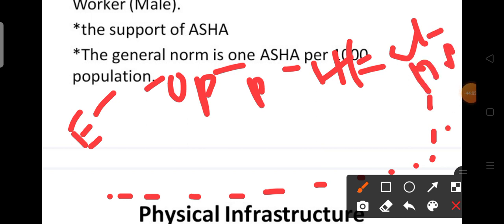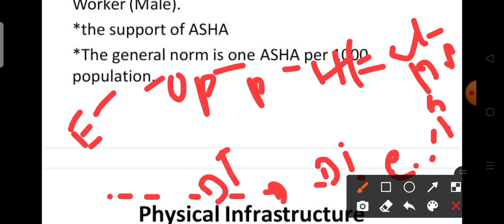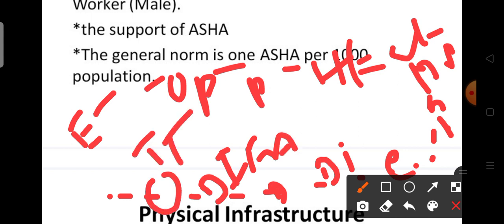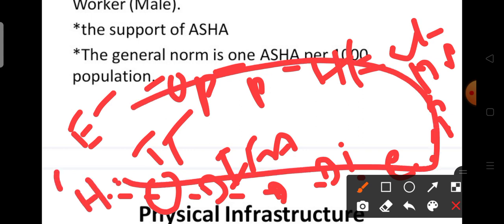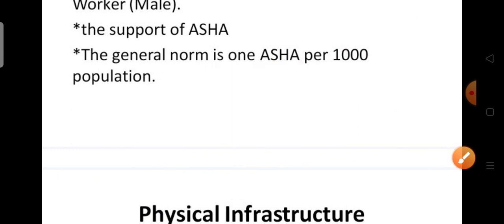Then examination and consultation. Next is distribution of tablets for fever, cold, cough. Next distribution of oral pills, condoms, Mala-N and Mala-D. Next distribution of IFA and folic acid tablets and administering the TT vaccine. And health education, and exit. This is the way we have to organize it. It's clear now. So till now I have concluded the ninth question.